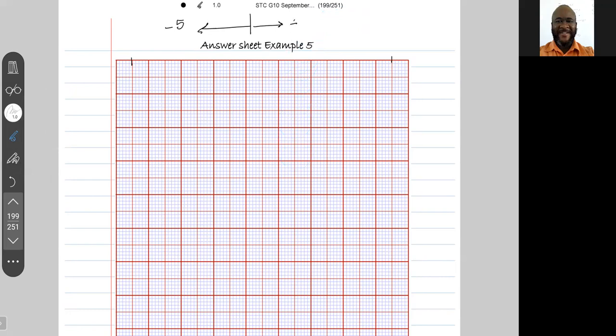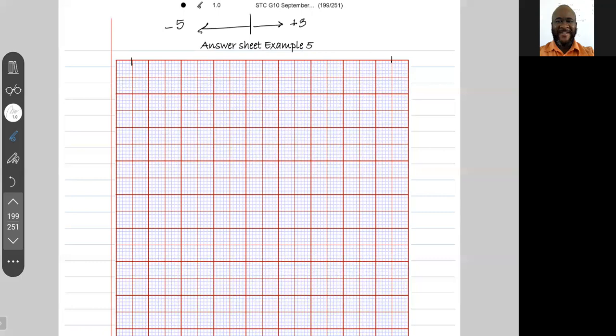Guys, so it is clear that I need more space to the left, because to the left my graph is going to negative 5. To the right, my graph is going to positive 3. Guys, the scale is 2 centimeters to 1 unit.